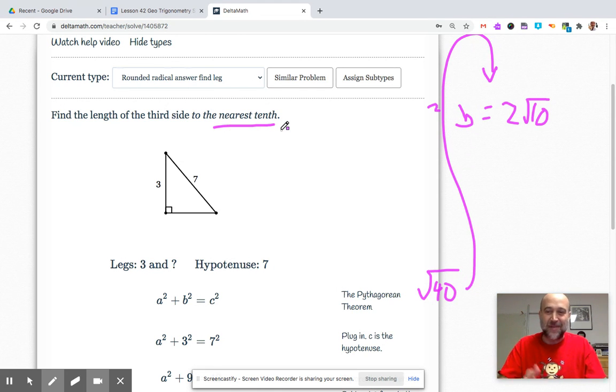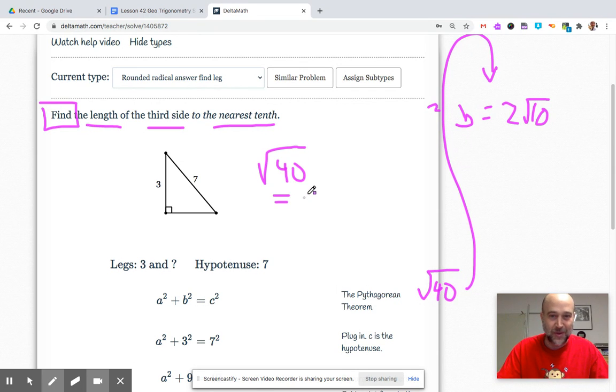I guess I'm rushing through it too much. Sorry about that. So square root of 40. Not the same as the last one I just did. Careful. Always read the directions. Find what? The length of the third side, nearest tenth.